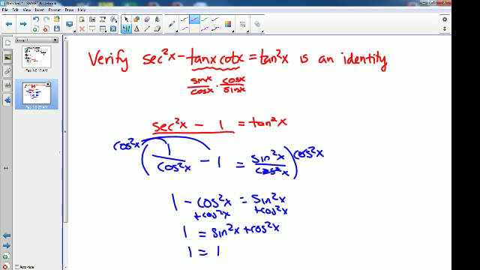What is secant squared then? Secant squared equals tan squared plus 1. Is that right? Yeah. So I can write this as tan squared x plus 1 minus 1 equals tan squared x.